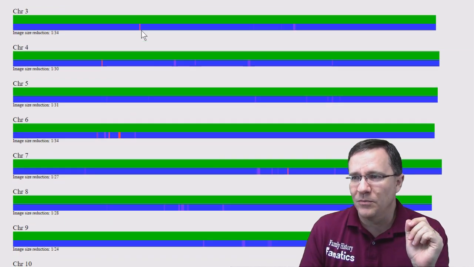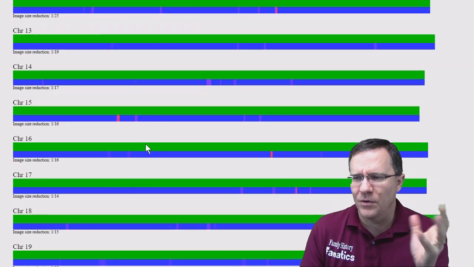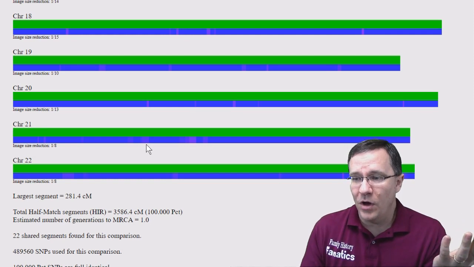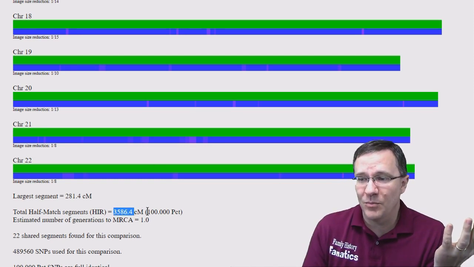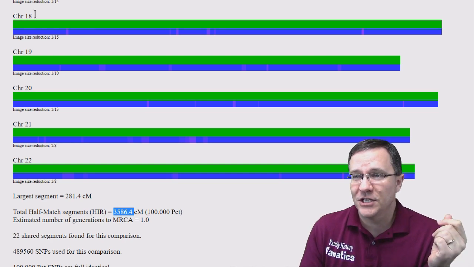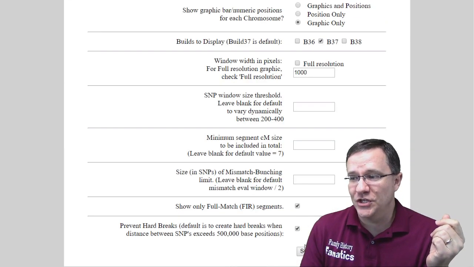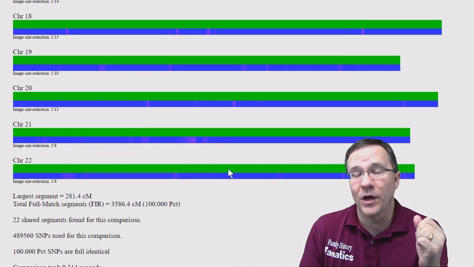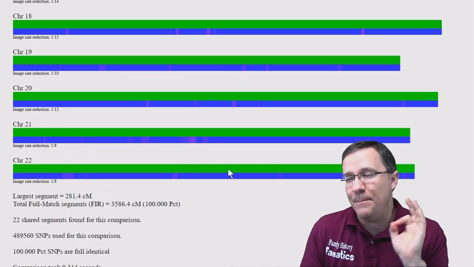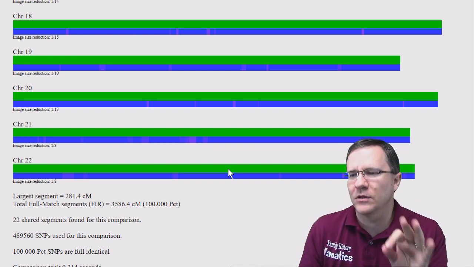There are a couple of little bits of red, which are processing errors, but overall this is 3,586 centimorgans that is totally half matched. If I look at just the fully matched segments, it is all fully matched as well. So that is what a perfect Lazarus Kit would look like.